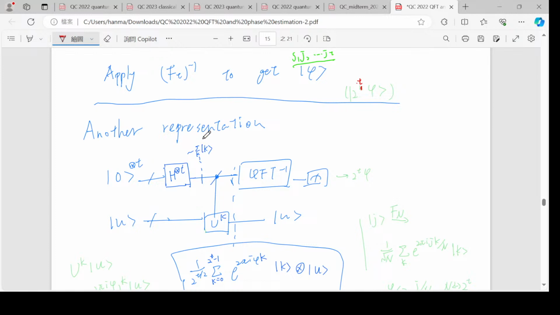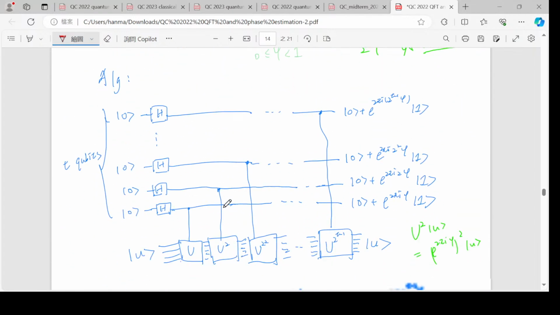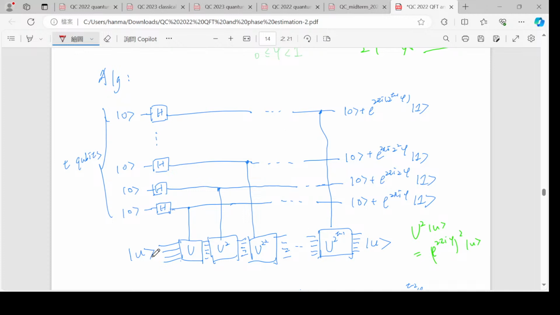Okay, and then what you actually do is you do control U on k. Okay, so I guess there is a little bit of convention here we need to check. We are writing this bit by bit here, right? So we think these are the T bits. So the thing here is the T bit string. So after Hadamard, we have a T bit string here. The first bit is the highest bit.